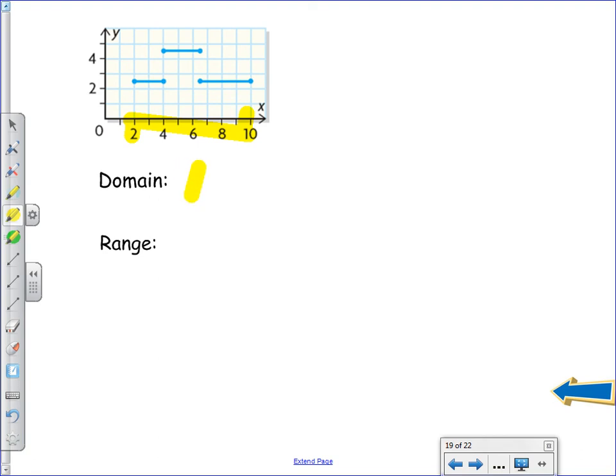So again, I would write here, x such that, what's my lowest value of x here? 2. My highest value of x is 10. Then I fill in this.